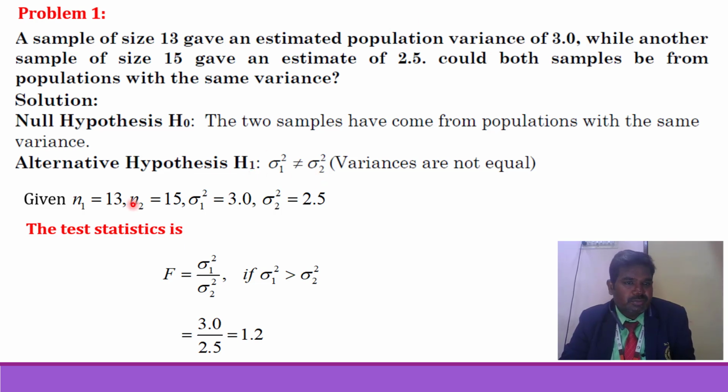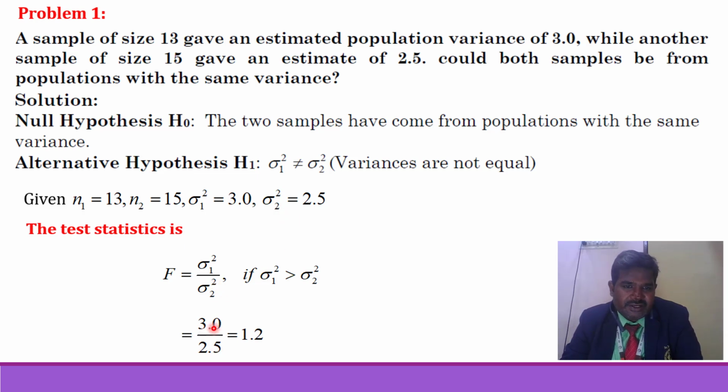From the given problem, we observed N1 value is 13, N2 value is 15, sigma 1 square is 3.0, sigma 2 square is 2.5. Here population variances are given directly, therefore we can use the following formula. F is equivalent to sigma 1 square by sigma 2 square, because sigma 1 square is greater than sigma 2 square.